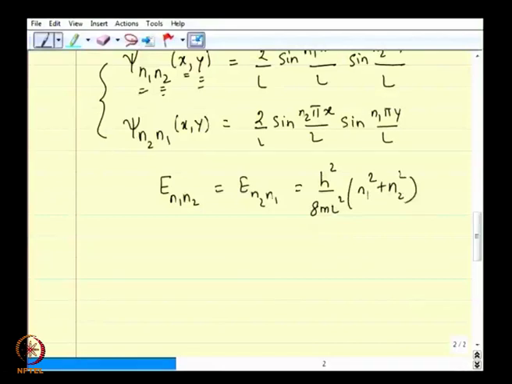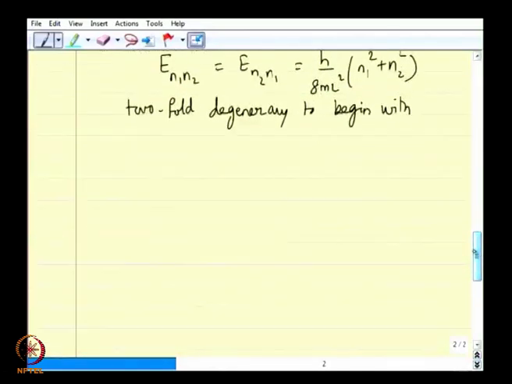So we have at least a twofold degeneracy to begin with. It can be more than twofold depending on the total energy, but the point is that it is more than one.